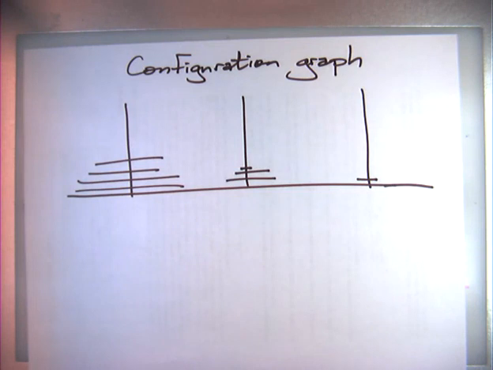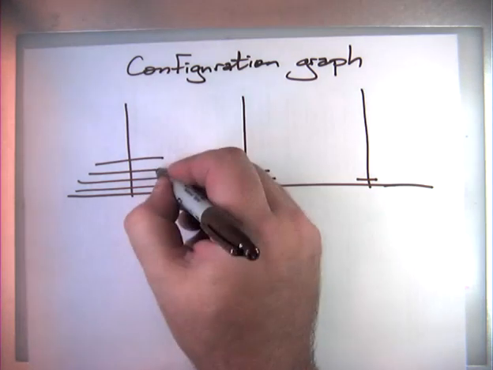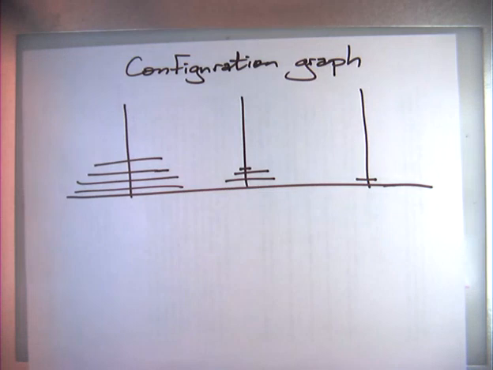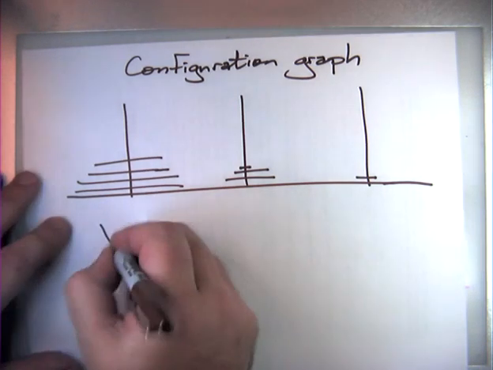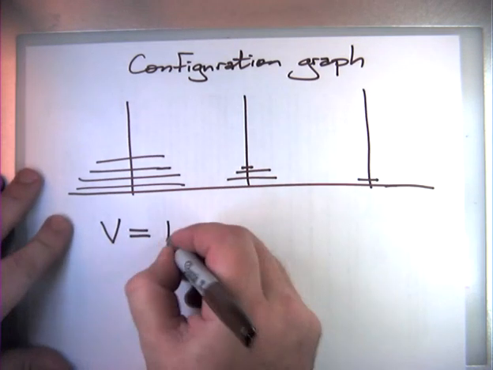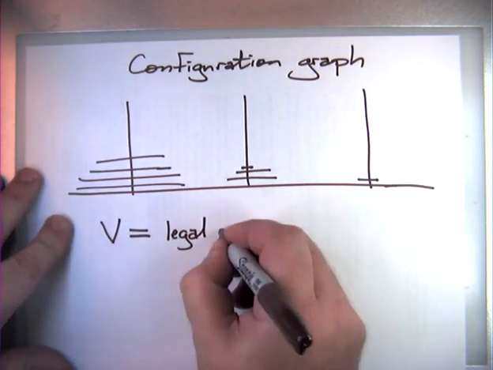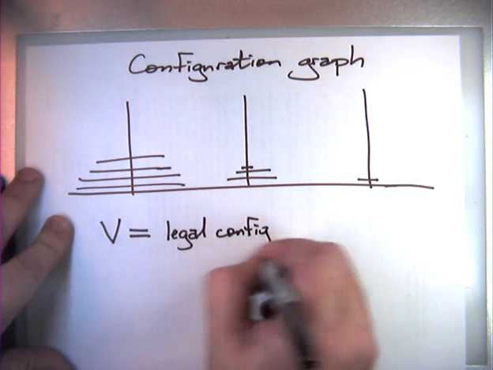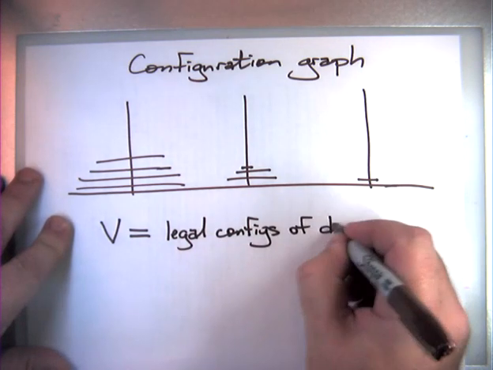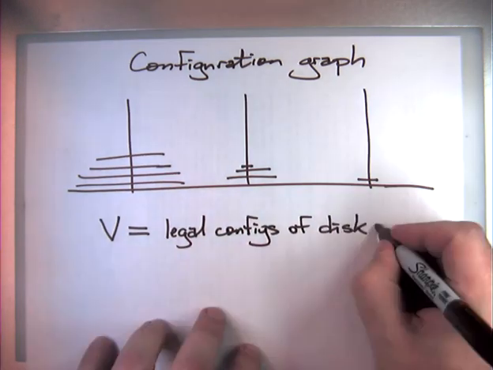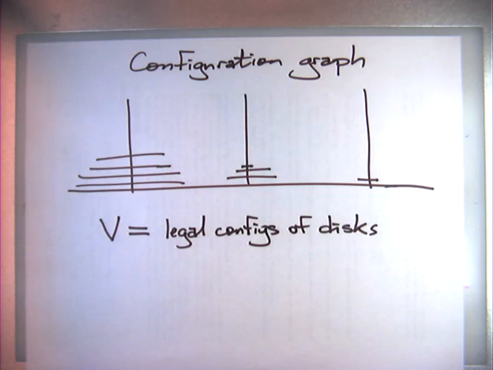Okay, so the Tower of Hanoi problem, once you fix the number of disks, implicitly defines a graph where the vertices of the graph are all legal configurations of the disks, by which I mean, every disk needs to be on one of the 3 pegs, and they need to be in sorted order from smallest to largest on each peg.